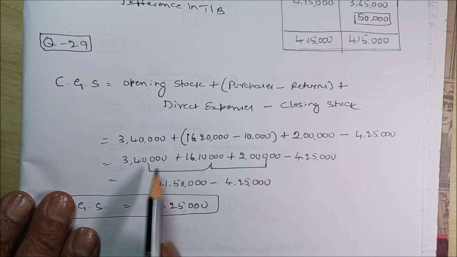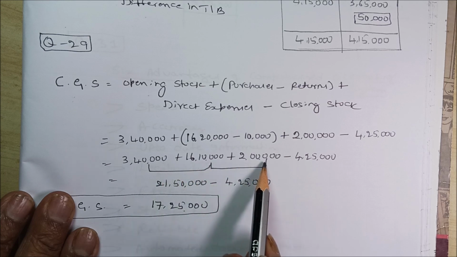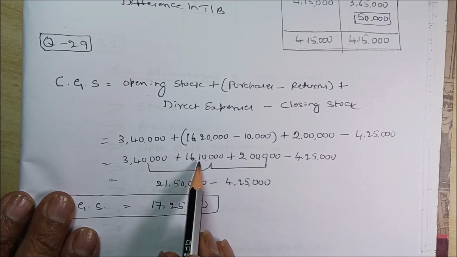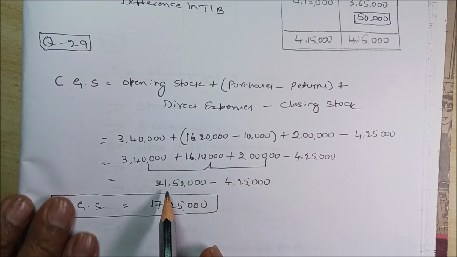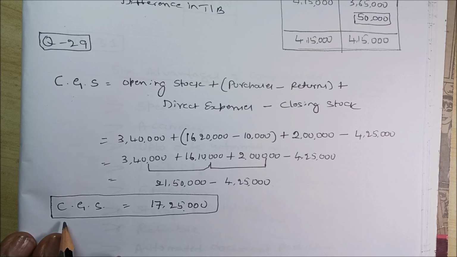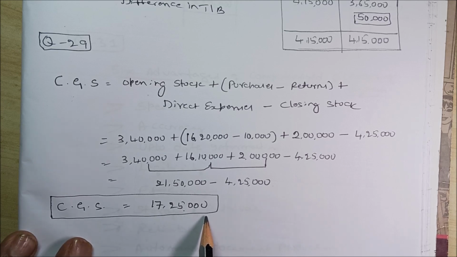So 3,40,000 plus 16,10,000 plus 2 lakh, it comes to 21,50,000, minus 4,25,000. Then cost of goods sold is 17,25,000.